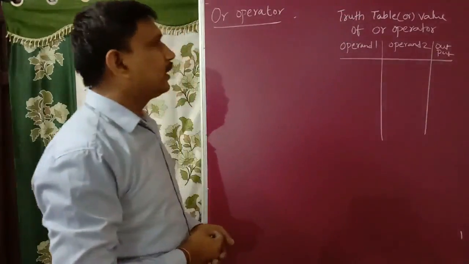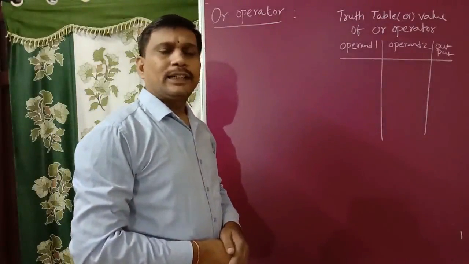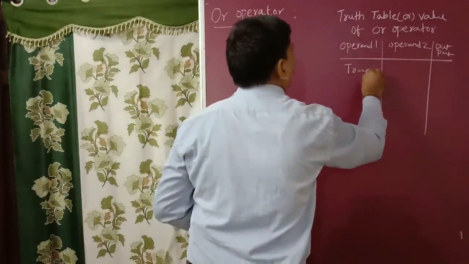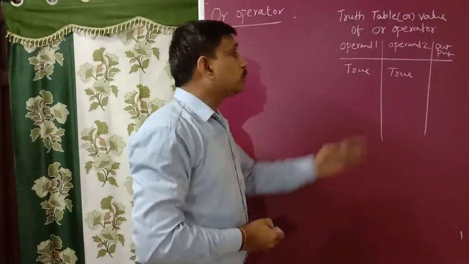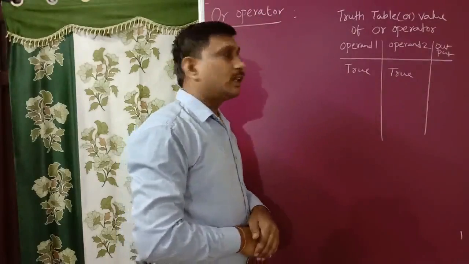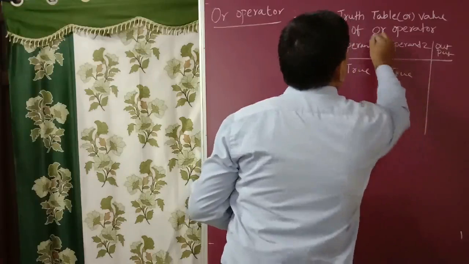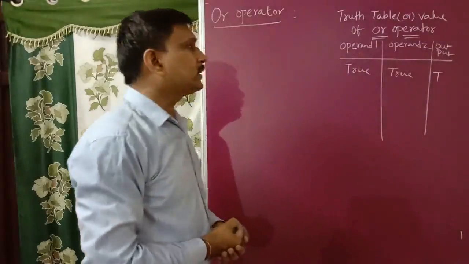See here, if operand 1 is true and operand 2 is true, both operands are true, so the or operator returns true. If the first operand is true and the second operand is false, it returns true. If the first operand is false and the second operand is true, it returns true.